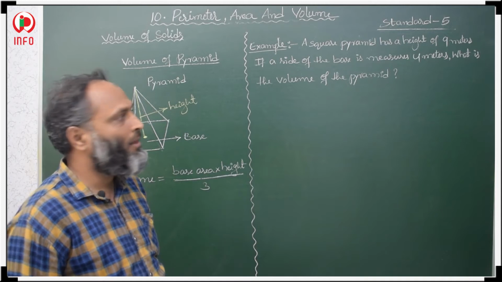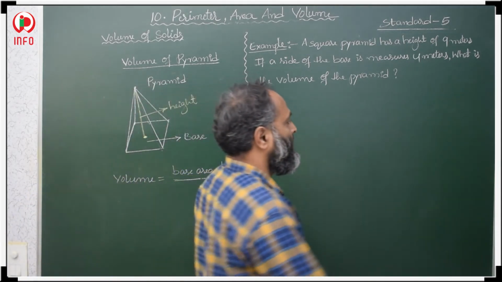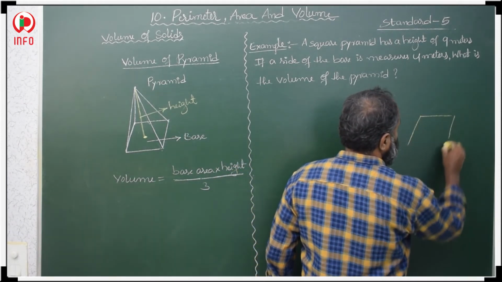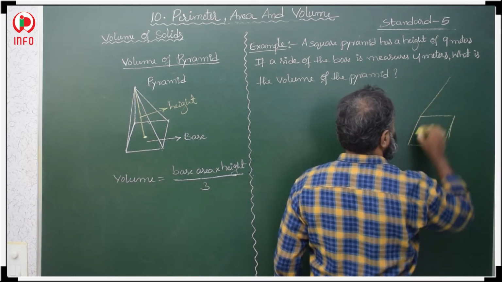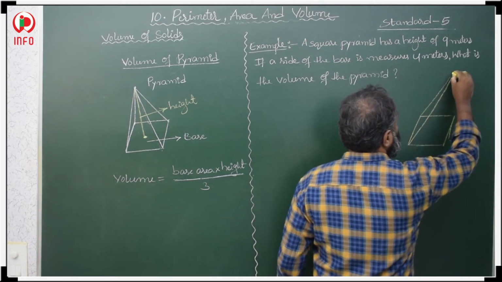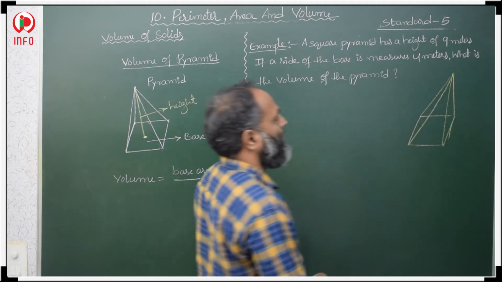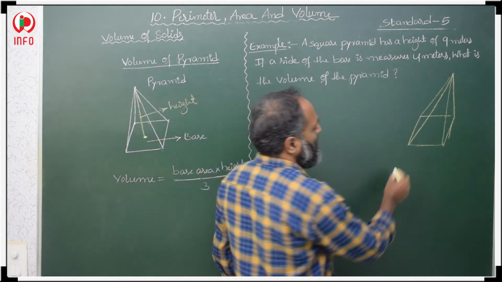Okay. Now in example, a square pyramid. Here it is a square pyramid. Square pyramid means 4 sides are equal. In this square pyramid, the side is given.